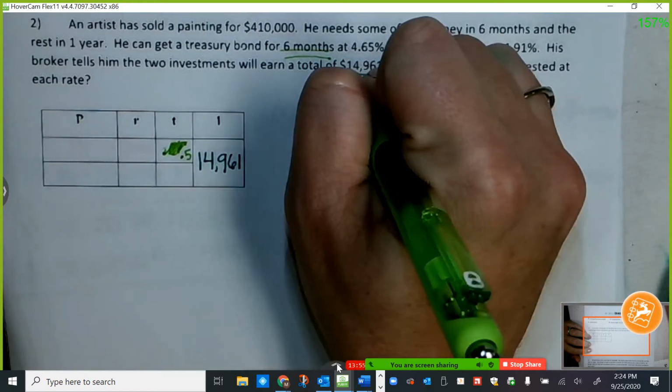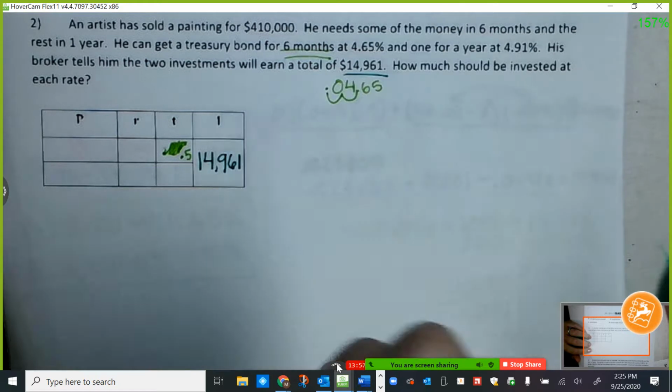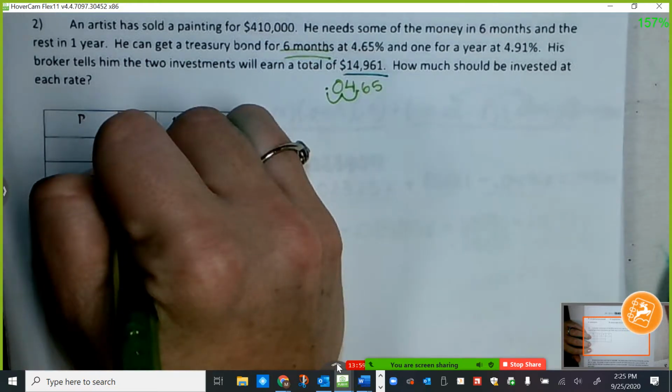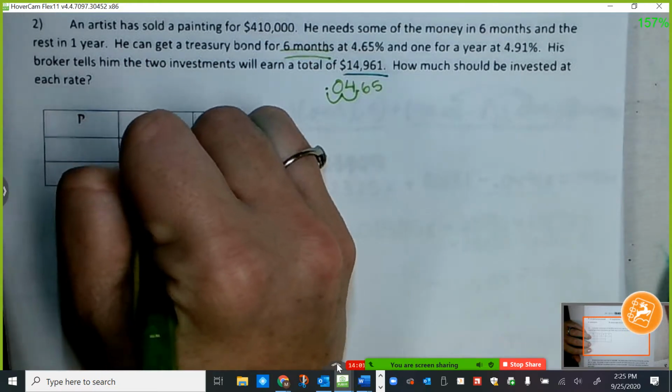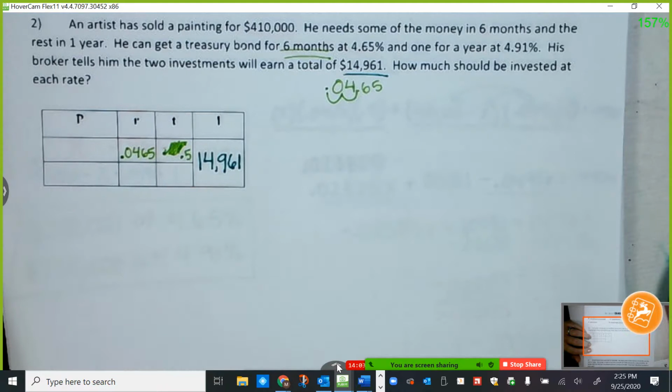If I turn that into a decimal, it becomes 0.0465. And that is a big, ugly decimal, but we're not going to round, because do you want the bank rounding with your money? No, because they'll probably round down, and if they wanted to round up, I wouldn't complain, but they're not going to.